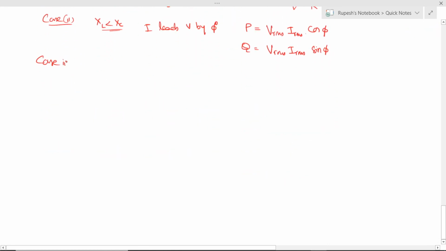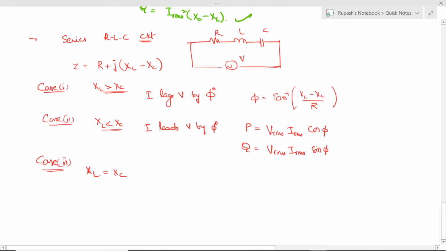And case 3 occurs when XL is equal to XC. If you go above, how does the circuit look? It looks like this. So XL is equal to XC. That means the reactance of the inductor is equal to the reactance of the capacitor. So in that case, J into XL will be the impedance across the inductor, and the impedance across the capacitor will be minus J into XC.